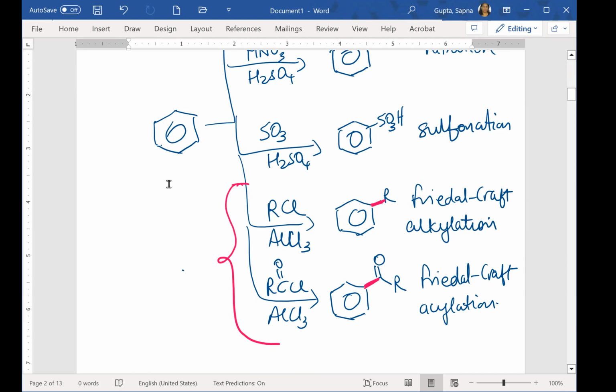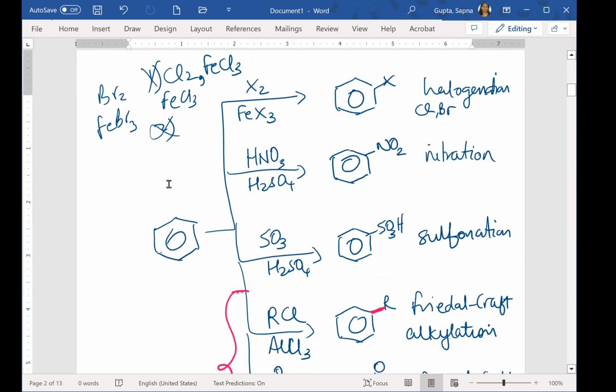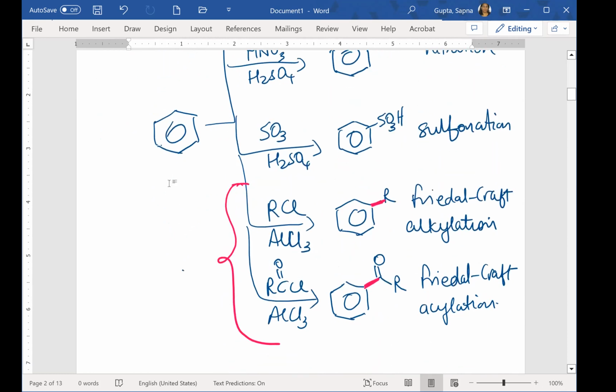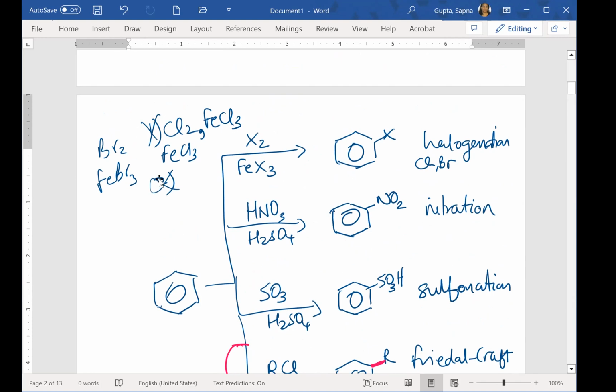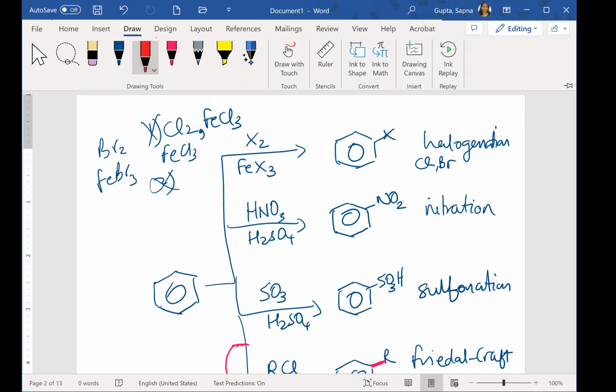One of the things that I would like you to do, if possible, is when you remember these reagents, you remember the catalysts that go with them. You don't want to use any other catalyst. For example, for sulfonation and for nitration, you're always going to use sulfuric acid. You're not going to use aluminum chloride for that. Now, sometimes Klein will tend to use aluminum chloride here.